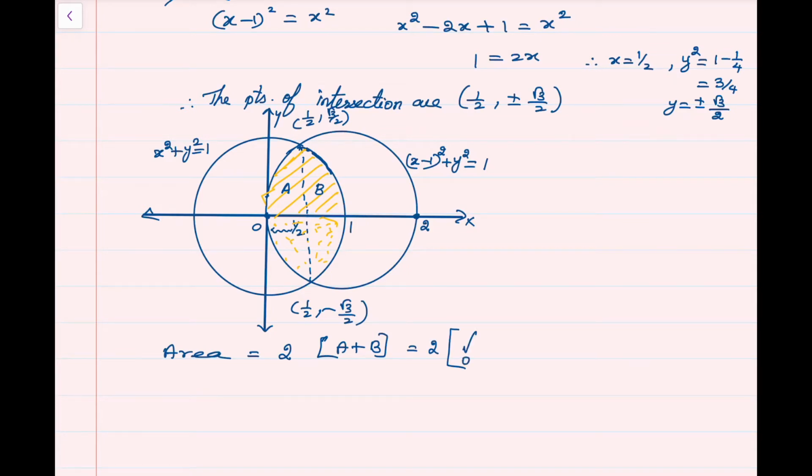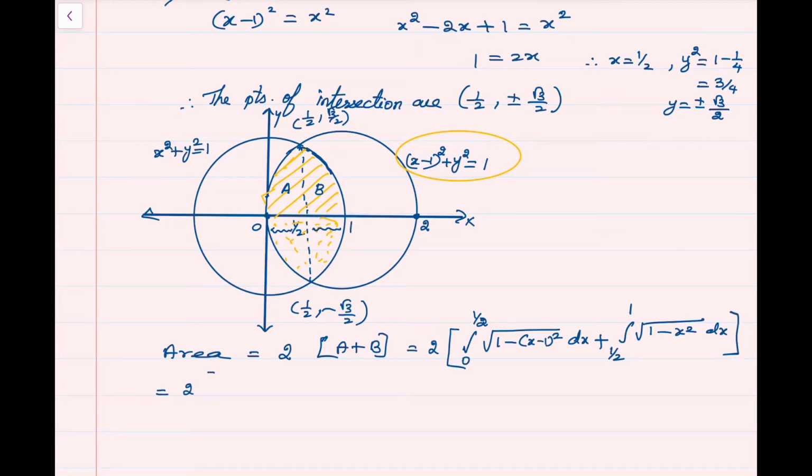So, integral 0 to half of y of the first circle is root of 1 minus x minus 1 the whole square dx from this equation, and then plus B area. B area is under the second circle and look at the limits half to 1. So, integral half to 1 of y from the second circle is root of 1 minus x square dx.